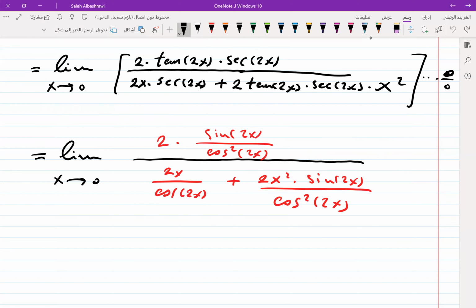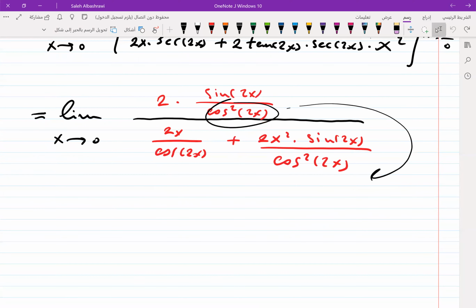Now I can bring this down, multiplied by cosine squared up and down. So it will be the limit: if you multiply cosine squared up and down, I will have in the numerator 2 sine 2x.